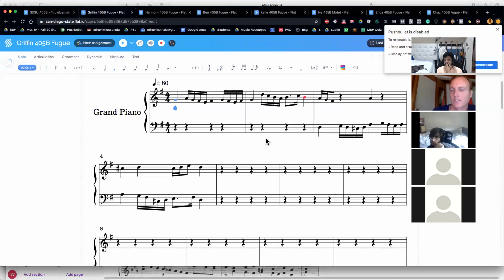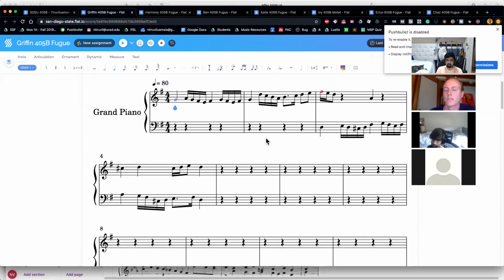Or I could do this. Or wait. Yeah, that's exactly what I'm thinking. You add a little bit more motion. I think that'll work better. Yeah, it makes it less halting, for sure.